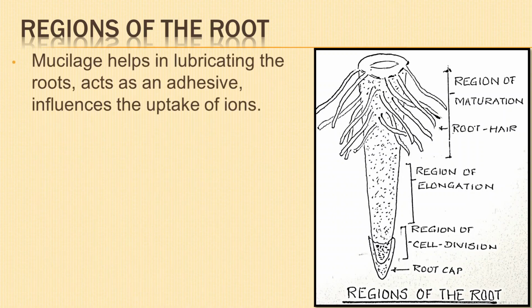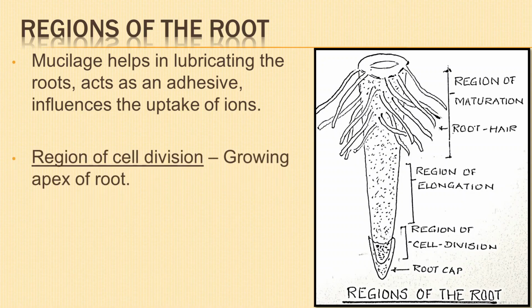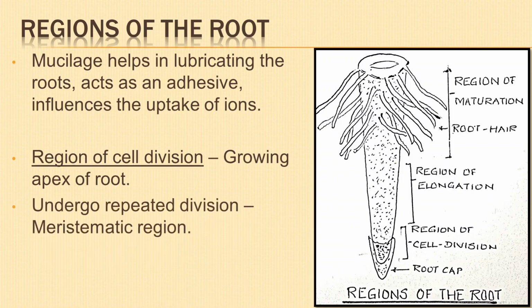A slimy mucilage helps in lubricating the roots, acts as an adhesive between root and soil particles, and also influences the uptake of ions. Region of cell division. This is the growing apex of the root, lying within and little away from the root cap. It is the region of meristematic activity. Since the cells of this region undergo repeated division, it is also known as meristematic region.